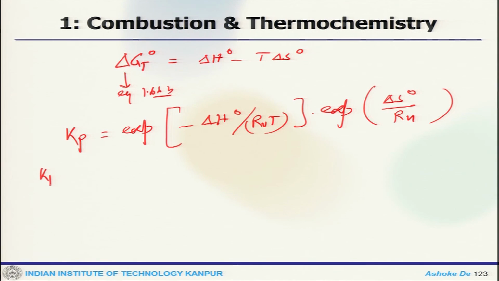Now for Kp greater than 1, this favors the products and delta H naught should be negative. Positive changes in entropy also lead to Kp greater than 1. So this is how you can find the relation between the Gibbs function and all these things.